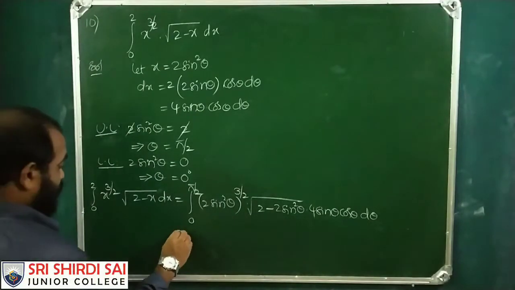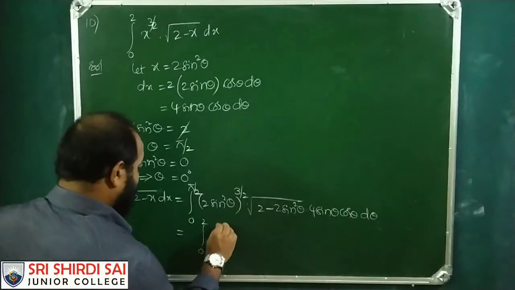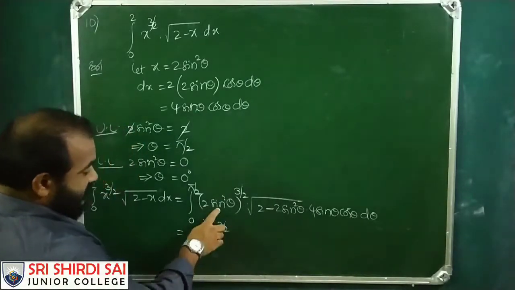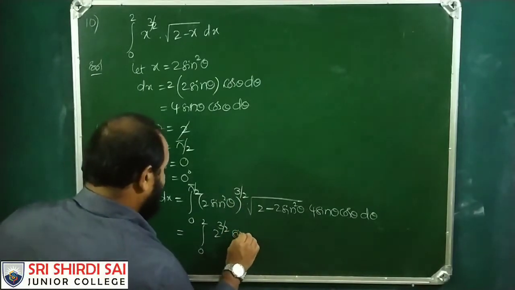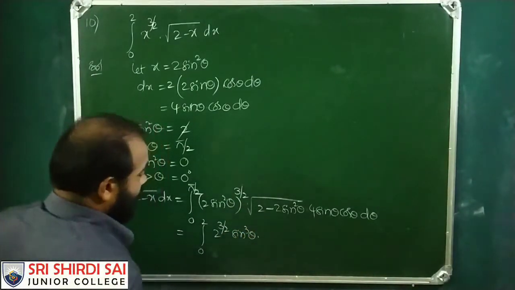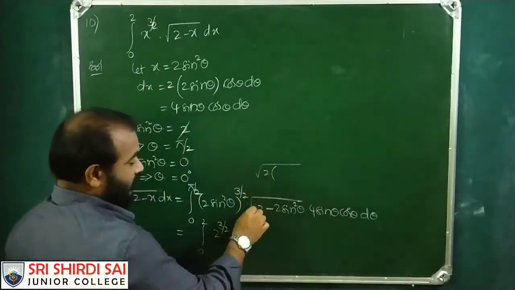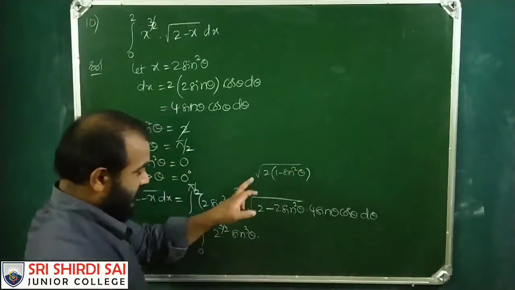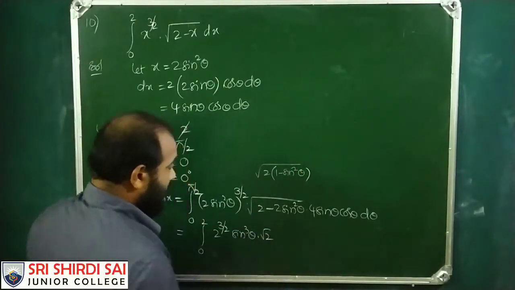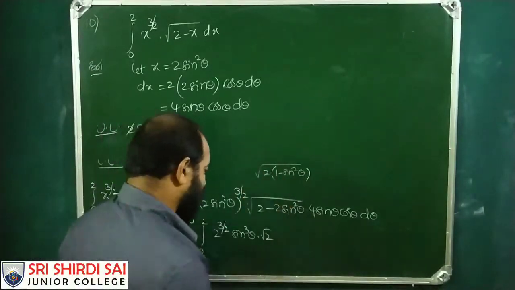So this is equal to the integral of 2 power 3 by 2 (sin square theta) whole power 3 by 2, the square and root get cancelled, sin cube theta, into, in this take 2 as a common factor, so 1 minus sin square theta. So this is root 2. 1 minus sin square theta is cos square theta under root, so cos theta.